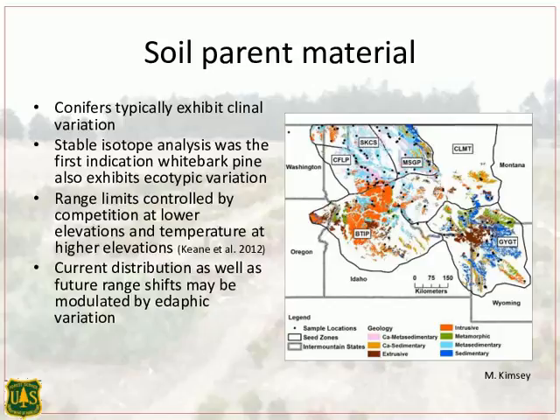And to the geneticists' credit that have done gene ecological modeling in the past, soil parent material data wasn't available. And so most of our species are characterized as having clinal variation. But having gone back and retrospectively reanalyzed all of our data, we also find that our conifer species have ecotypic variation for the various adaptive traits.